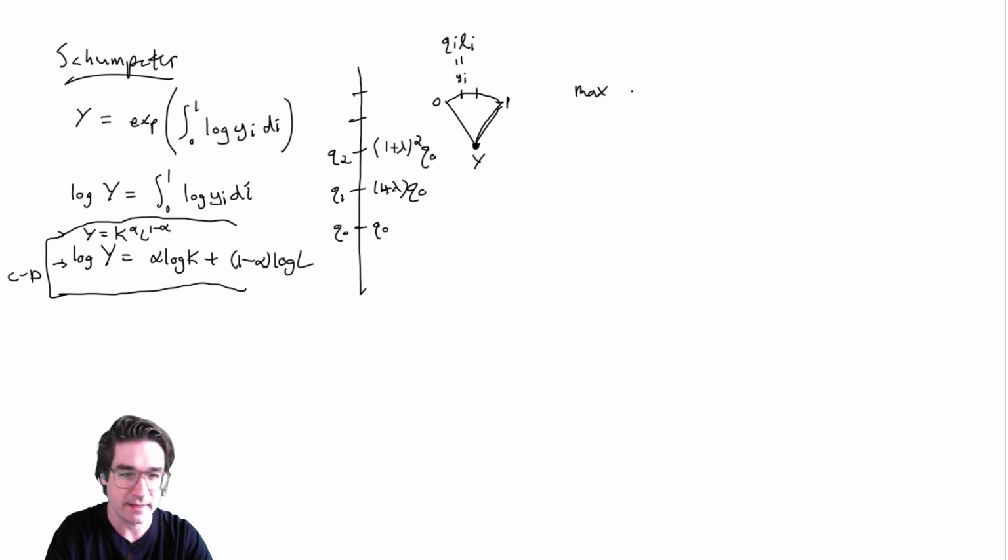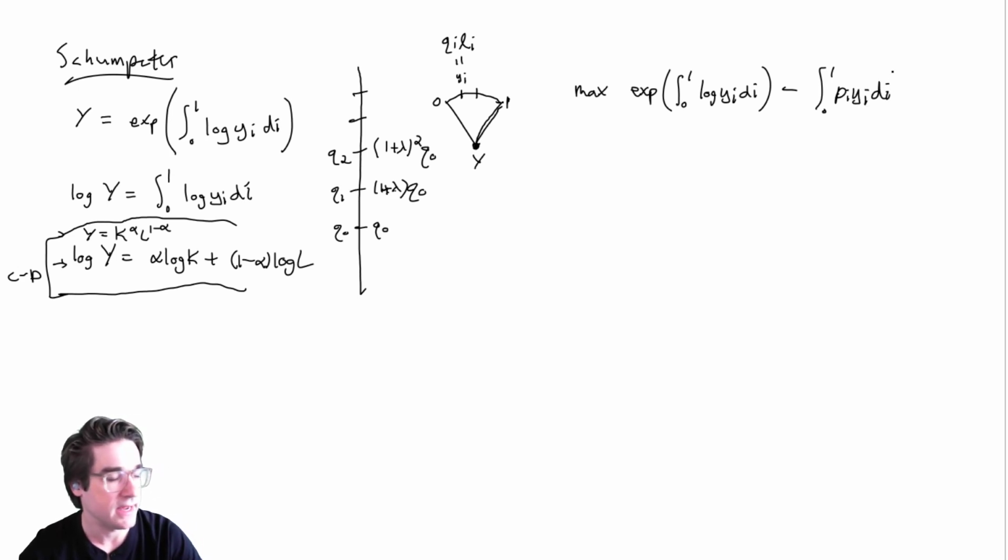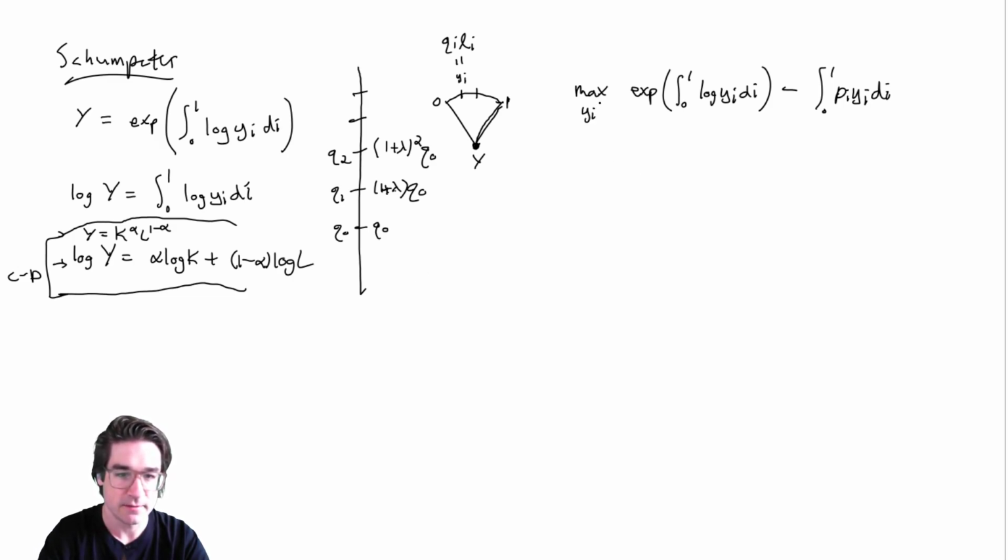We're going to maximize the revenue of that aggregation firm. The price of this output is assumed to be 1, we're normalizing that, minus all of their costs. They're buying a bunch of yi's at price pi. The intermediate firms have already posted their prices, so they're choosing how much to buy, maximizing over all the yi's.